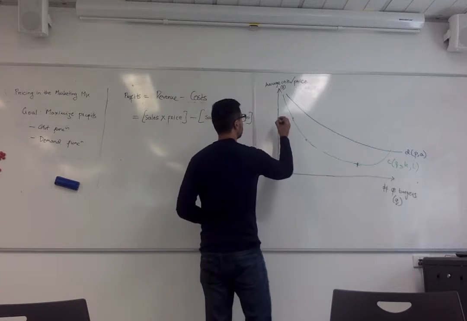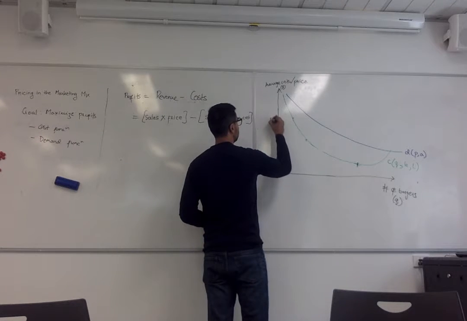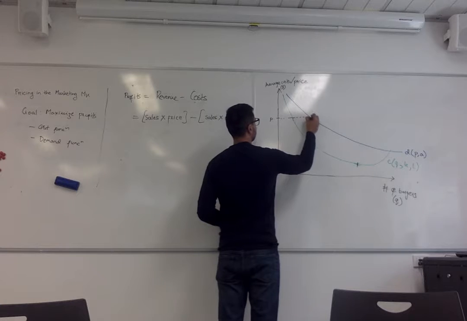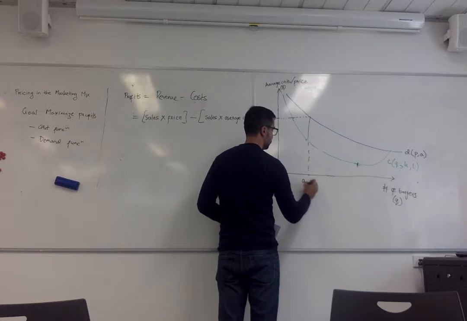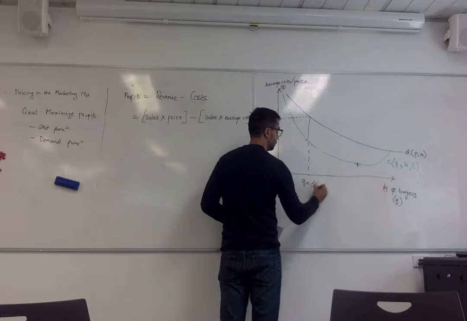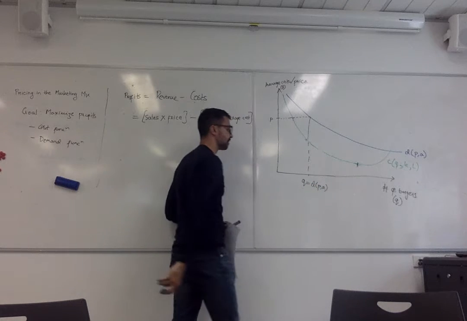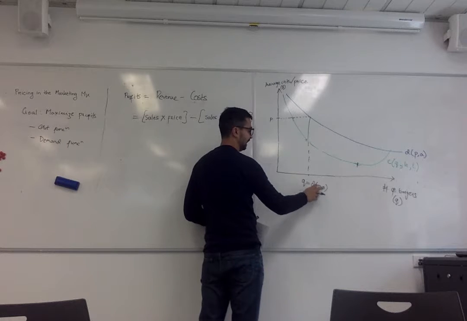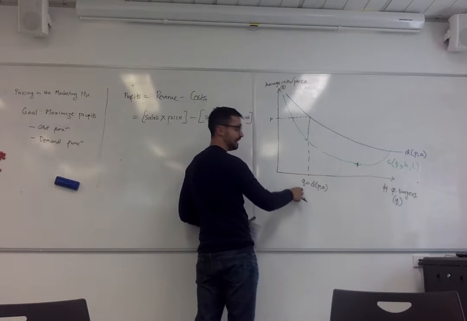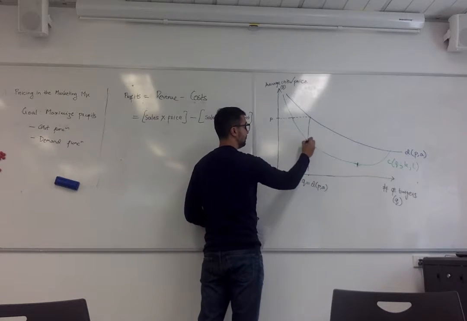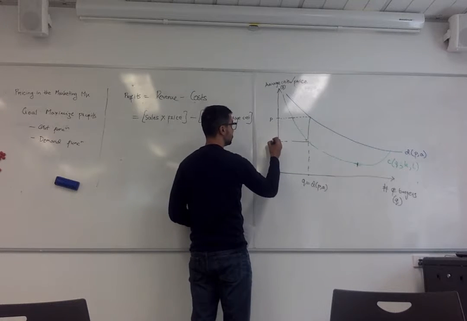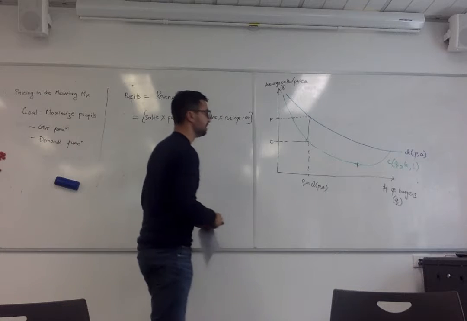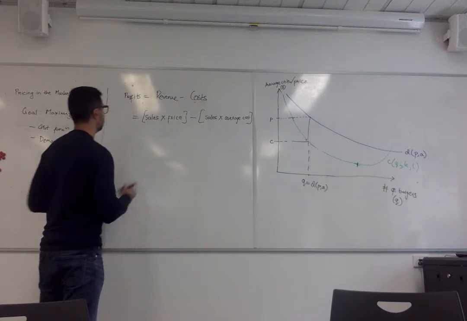Now, for a given price point P, we know that the demand can be given by D of P, given A. And for that demand, i.e. that level of production, we know that the average costs can be given by the cost function, and let's denote them by C. Right?